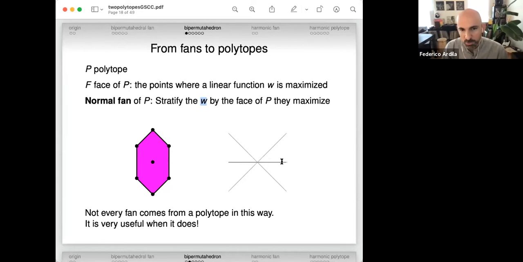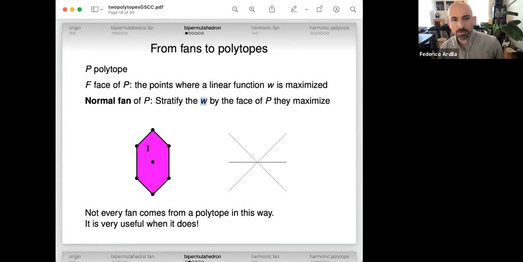So all of these points give me the same face. If I point in this direction, the farthest face that I get is this one. And if I look at any point in this region, and I take the dot product with the points in this polytope, this is the only place where that product is going to be maximized. And so in any of these directions, the maximal point is this one.